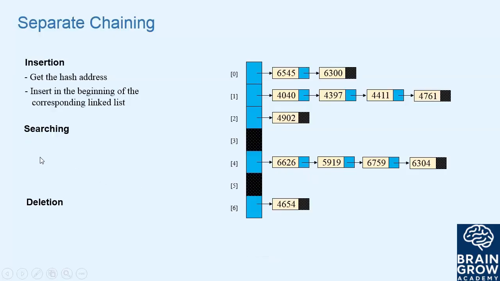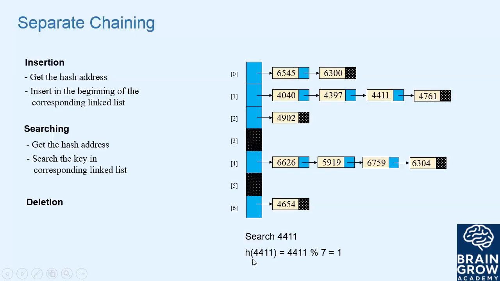Now let's come to searching. For searching a key, again we'll evaluate the hash function and get the hash address. And then we'll search the key in the corresponding linked list. For example, suppose we have to search this key. We get the hash address. Hash address is 1. So we'll search for this key in this linked list only.